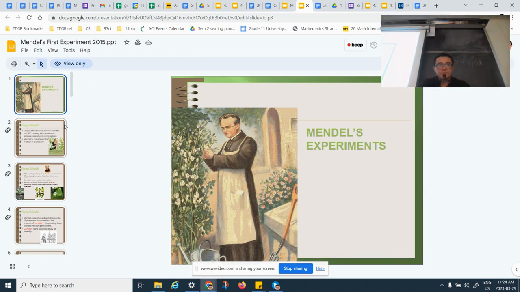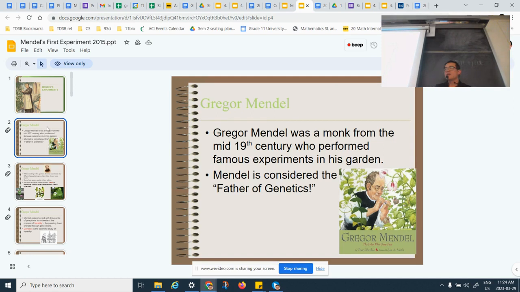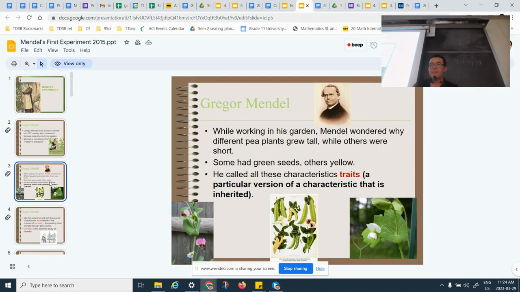All right, so Gregor Mendel, a monk, 1800s, experimented on peas. Now, a couple of things. Here you notice some of the pea plants have different traits.